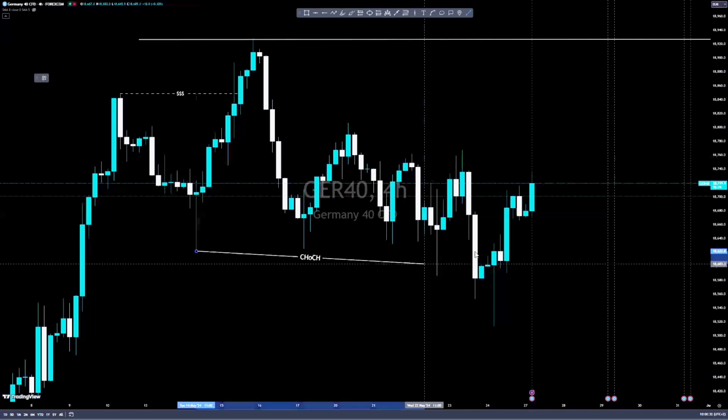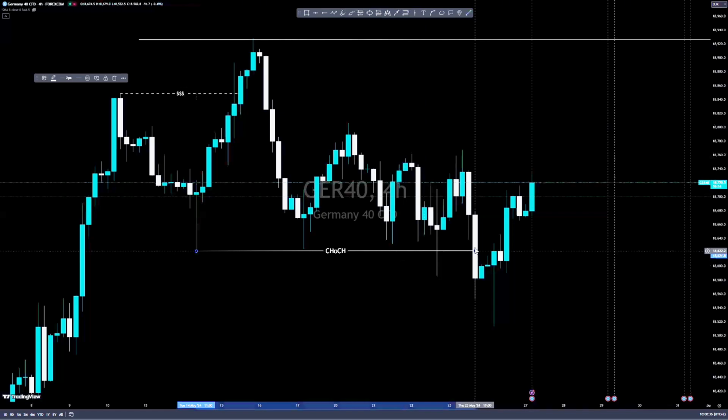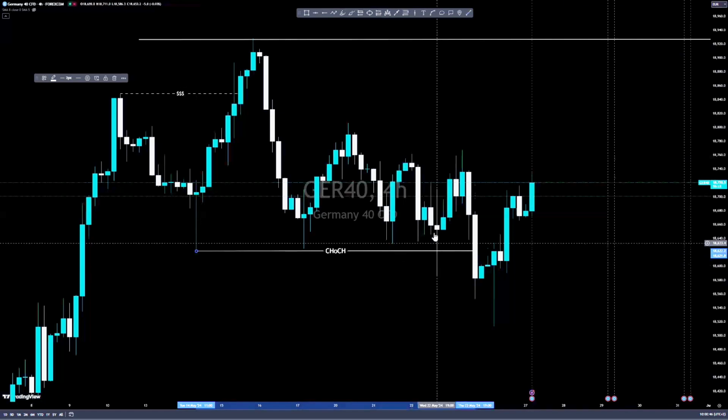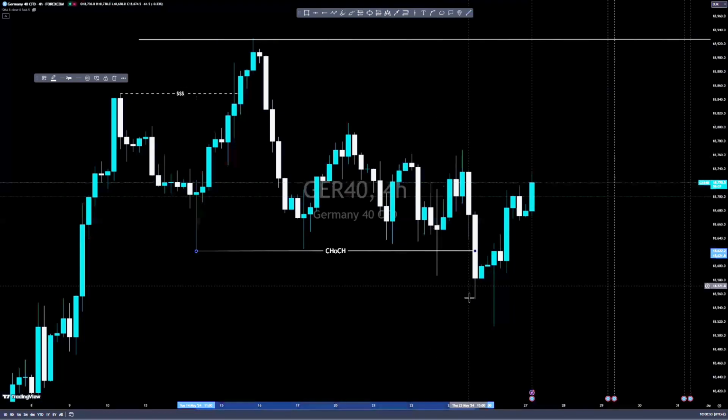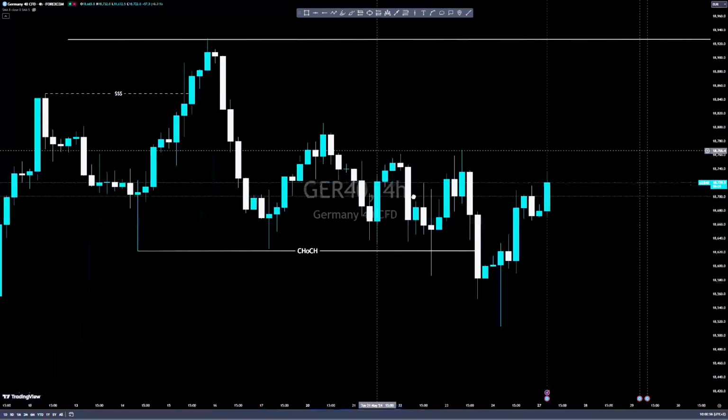Because if you see here, this full candle closed fully below the break here. We can't count this one as a change of character, hence price came back and took it out.